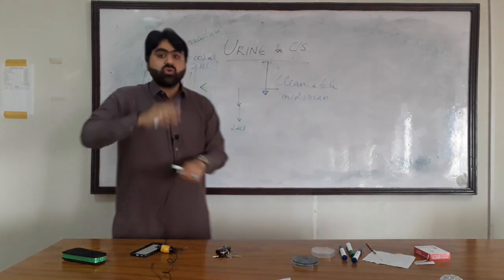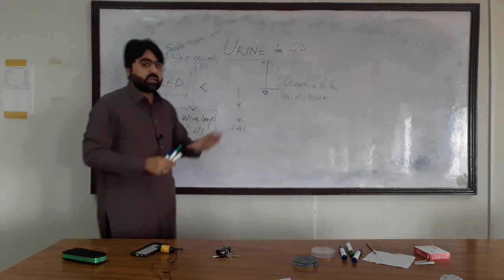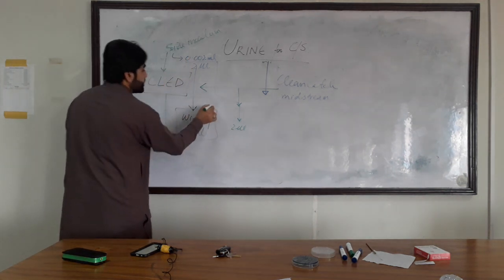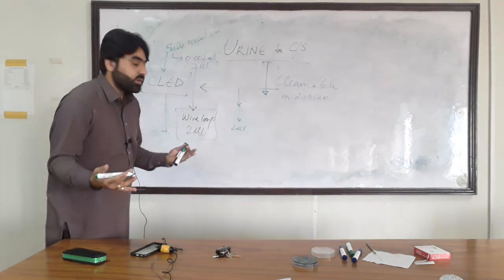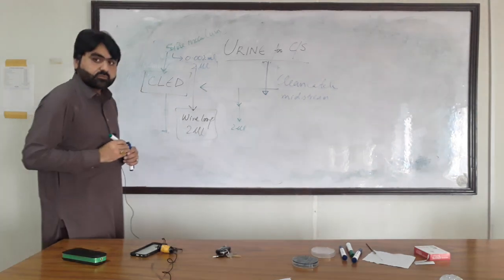So, we can use two methods, one is the wire loop and the other is the paper strip. With either method, the paper strip method is more recommended and more commonly used. So, we inoculate CLED media.